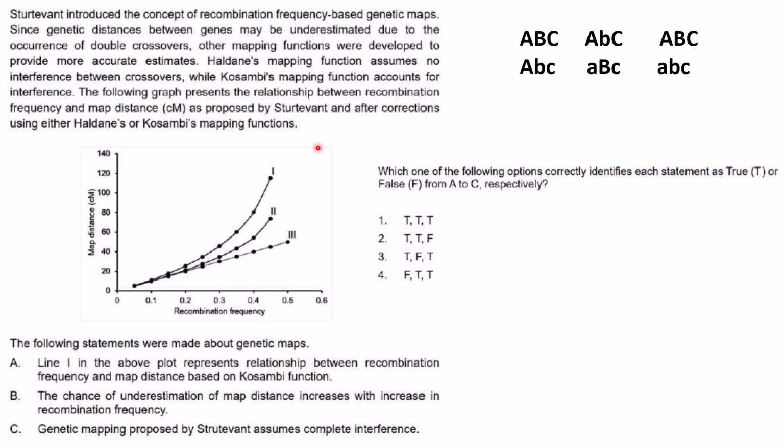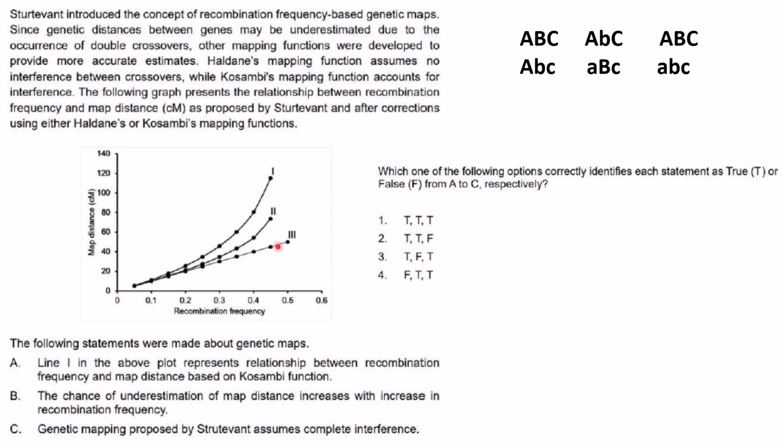Now, this first one will be the Haldane mapping function. This is the graph for that. This is Kosambi's, and this is the simple mapping function. In the simple mapping function, there are no double crossovers and there is complete interference, and it is a linear relationship.